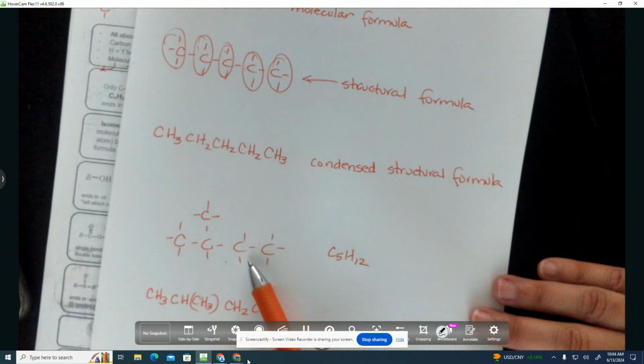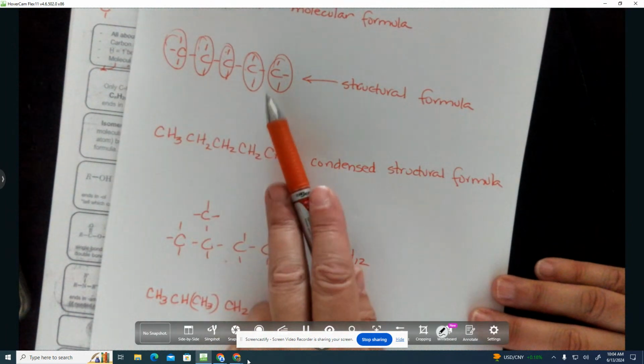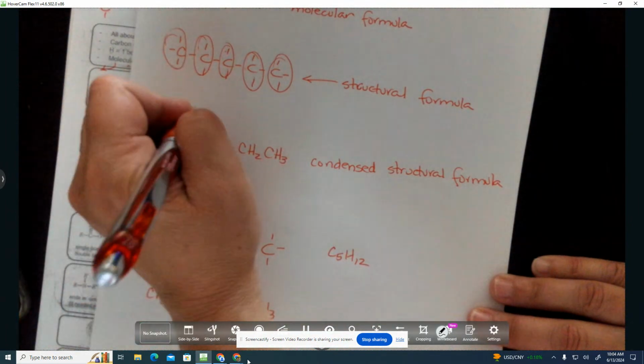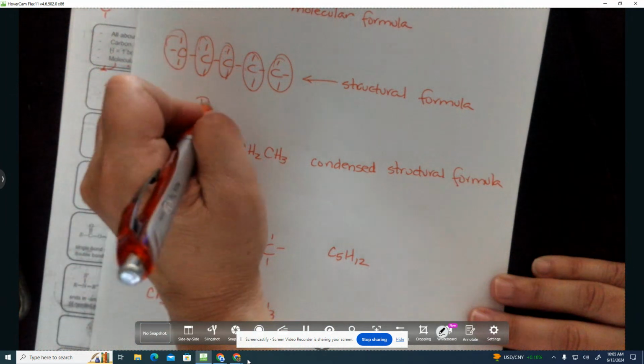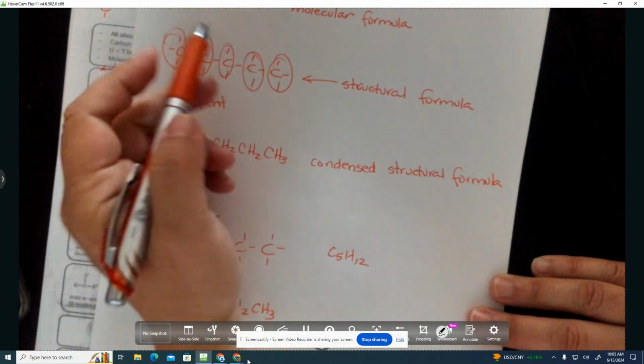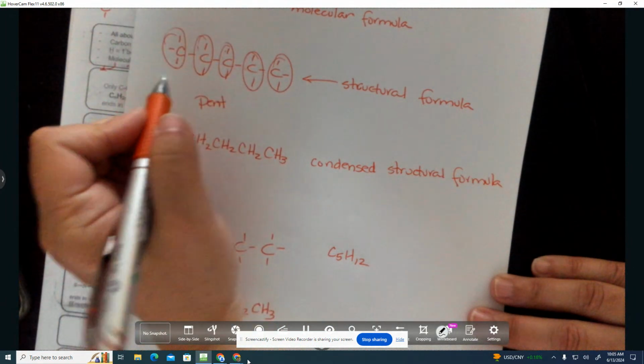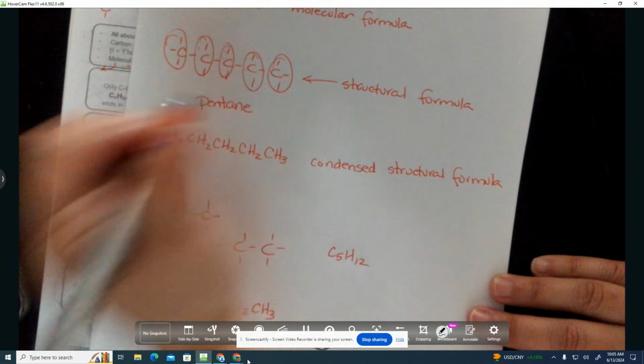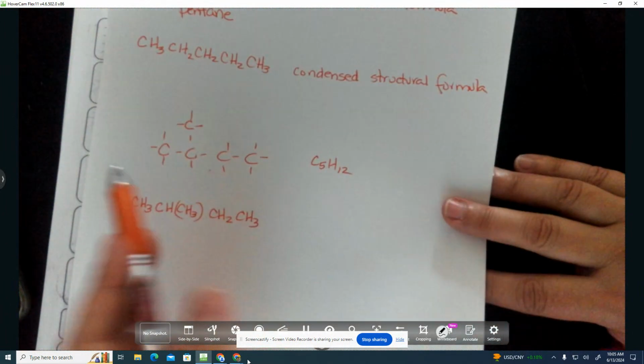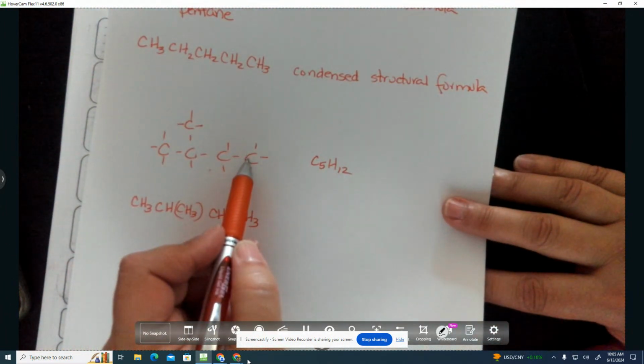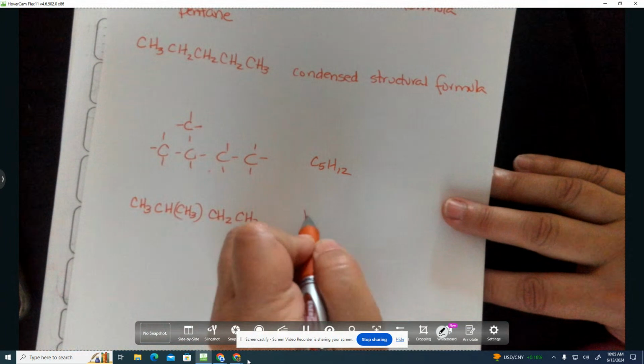Now, let's name them. What's the name of this? It has 5, so the prefix is pent. Okay? All single bonds, so it's ane. Pentane. This guy down here, the longest continuous carbon chain is 4, so it's but.